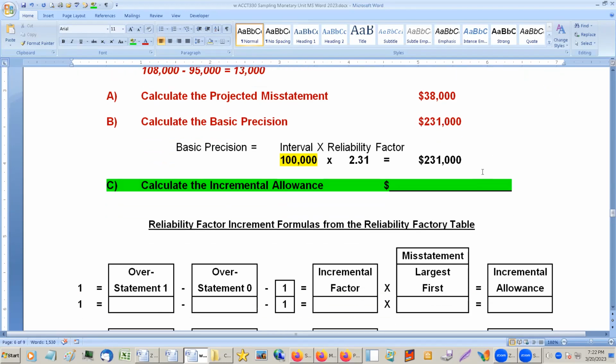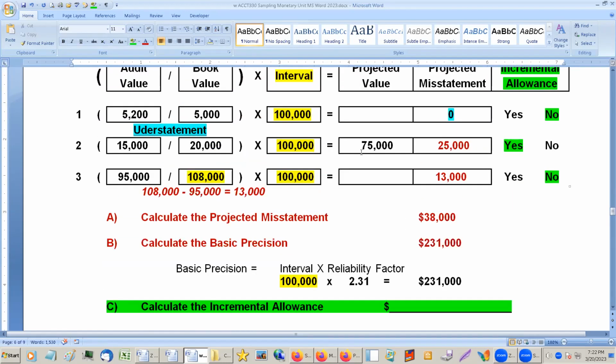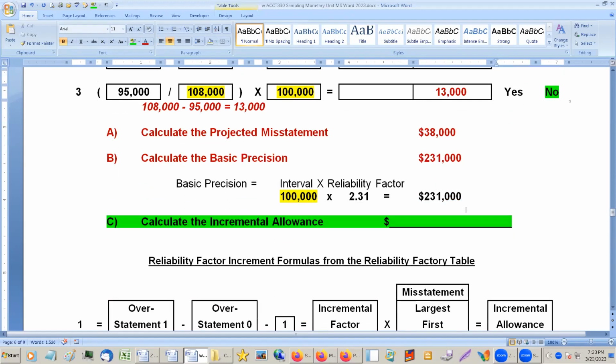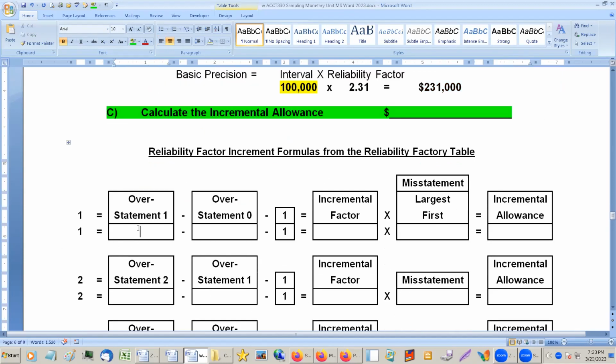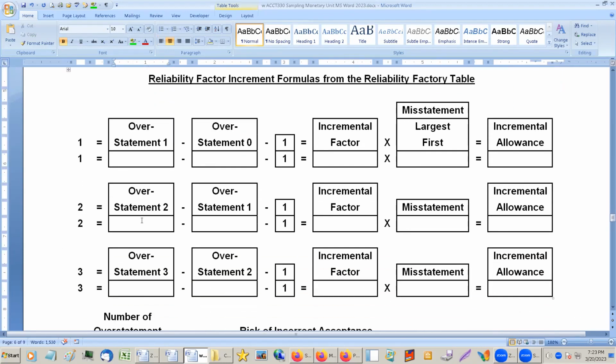Okay. Well, we only need to find the overstatement of the incremental allowance for one of these because there's only one that's a yes. So when we come down here to this incremental allowance, we only really need to do number 1.